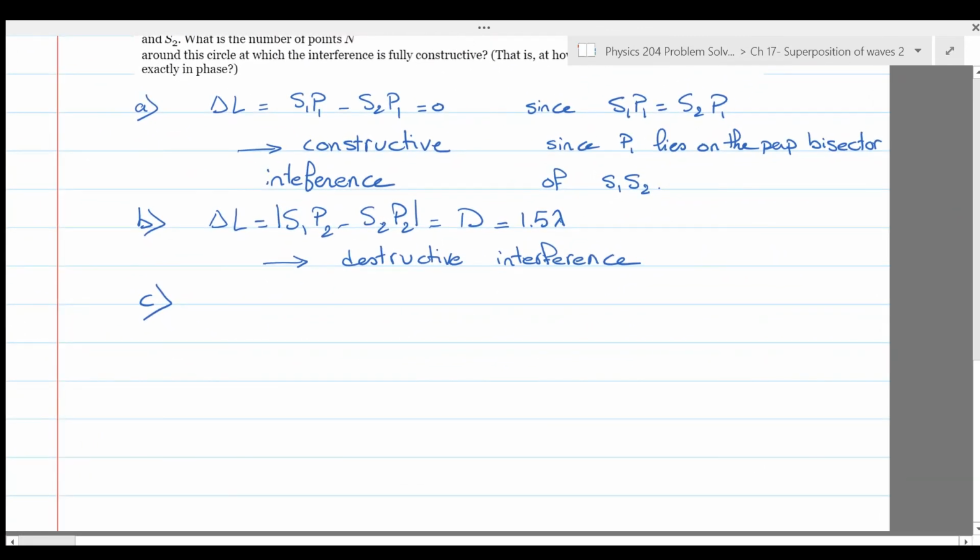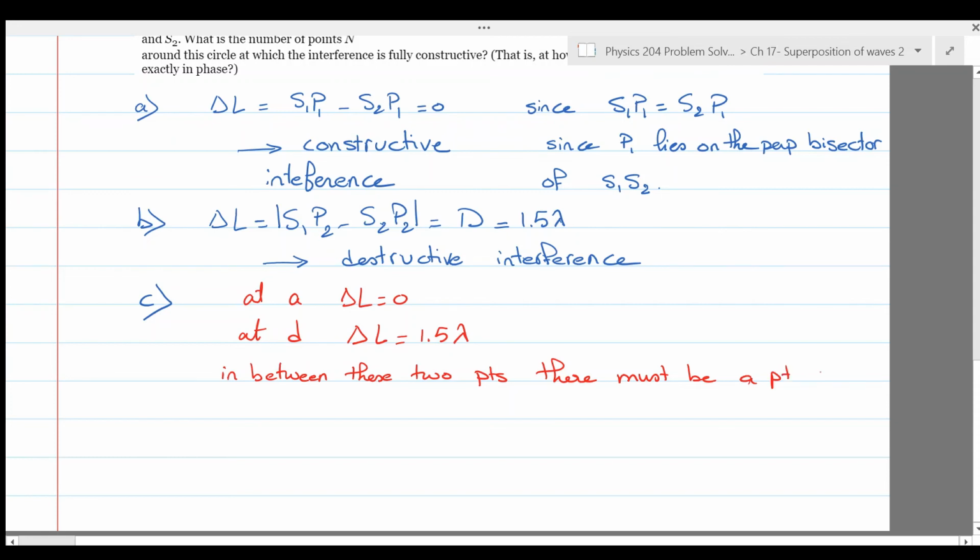So we can now write over here our answer. At A, delta L equals 0, at D, delta L equals 1.5 lambda. In between these 2 points there must be a point with delta L equal 1 lambda.